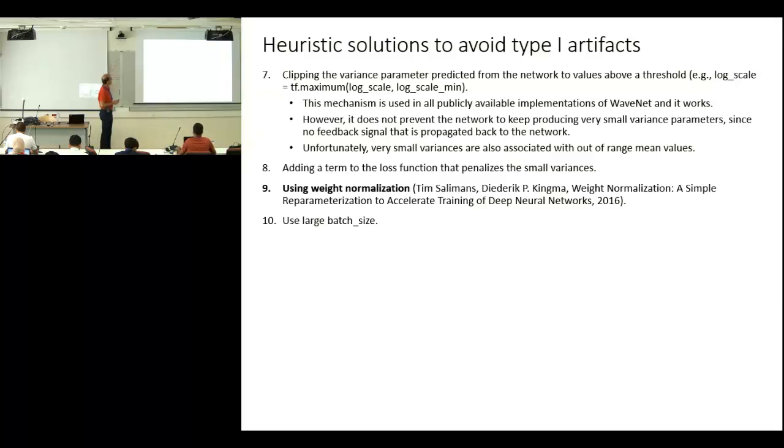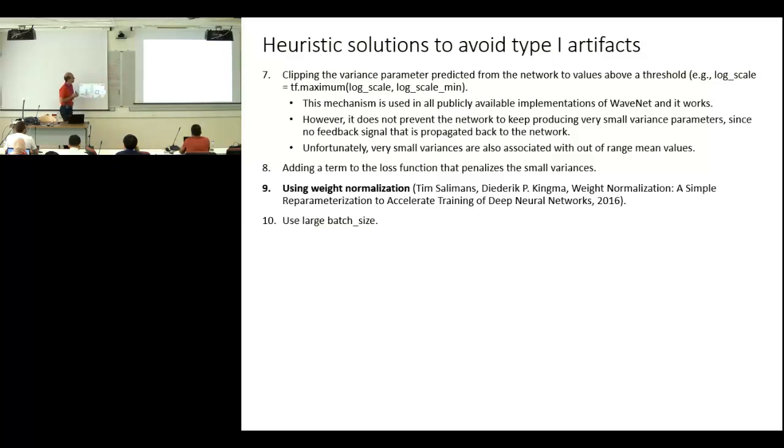Another idea which is used is to clip the variance parameter which is predicted from the network. For example, if this is very small, do not allow it to be below a certain value. For example, I have seen in the literature that they do not allow this to become smaller than 10 to the minus 7.